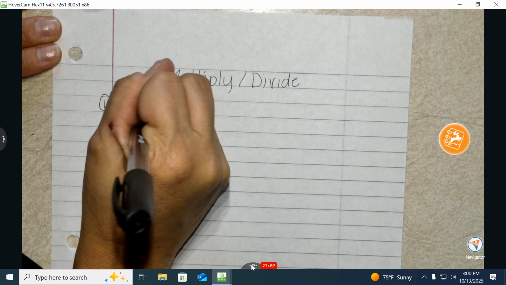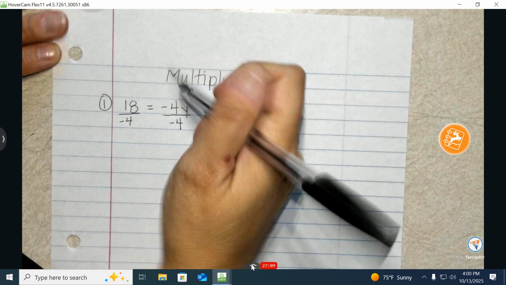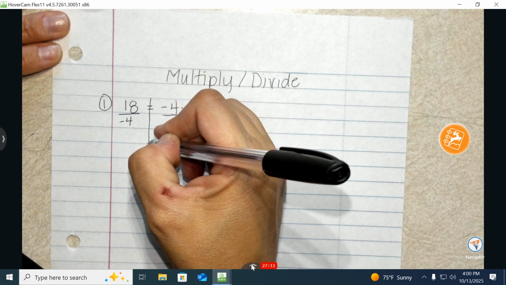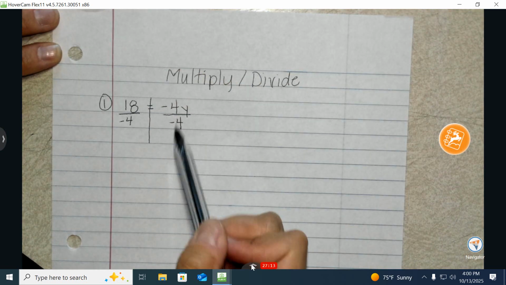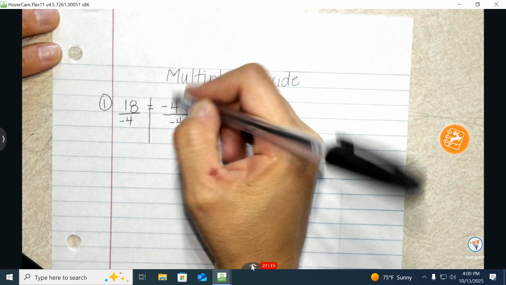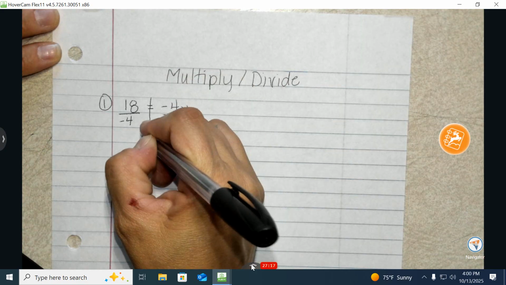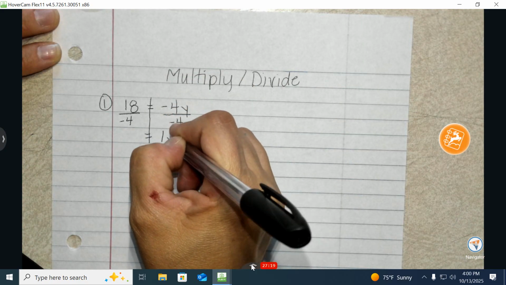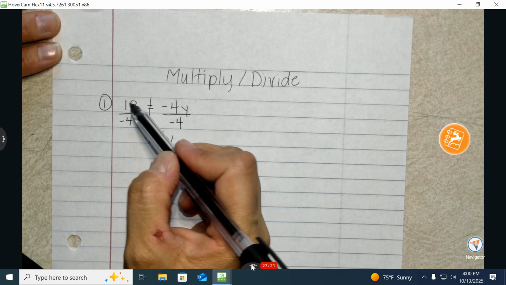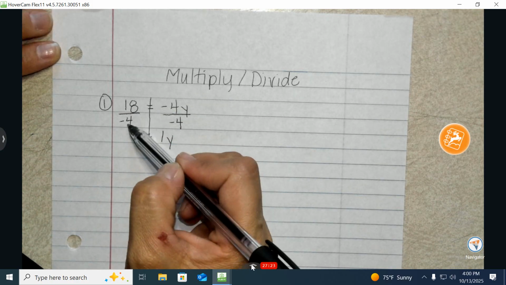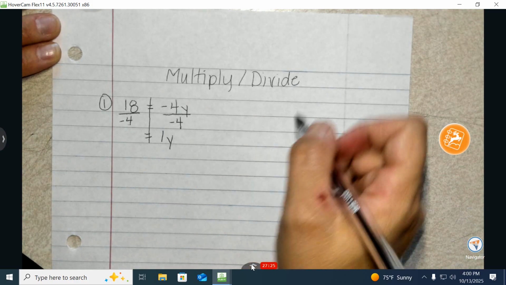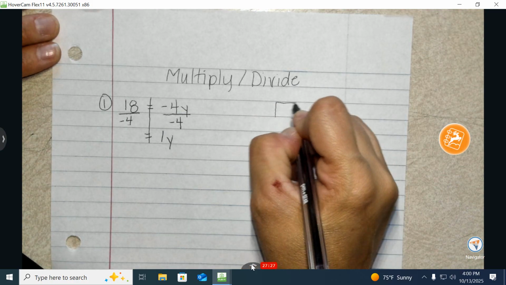You're going to divide by negative 4 on both sides. Draw my line. Negative 4 divided by negative 4 equals 1. So that equals 1y. And then we have 18 divided by negative 4. So I'm going to go over here and actually divide that out.